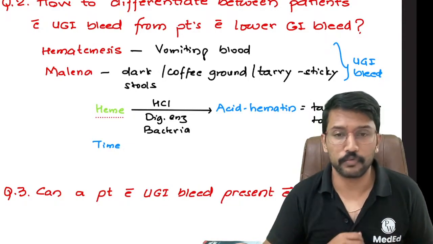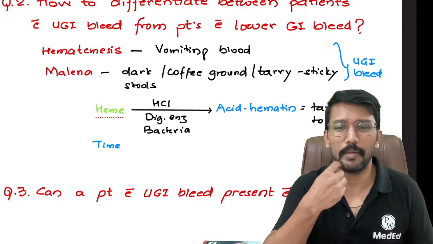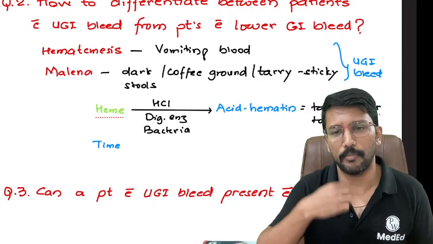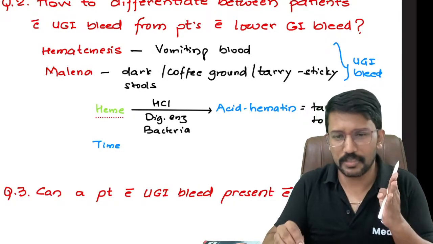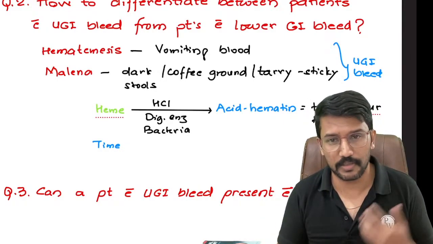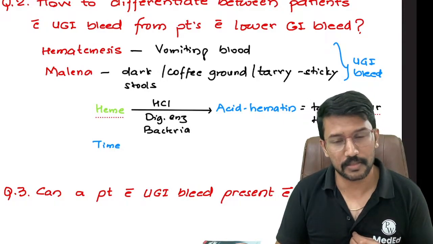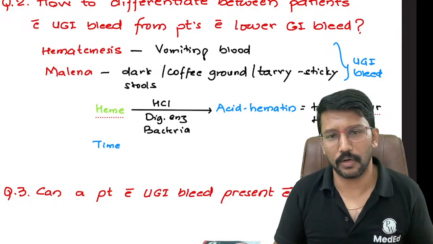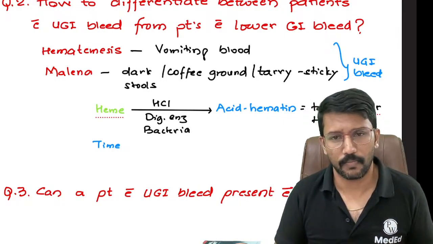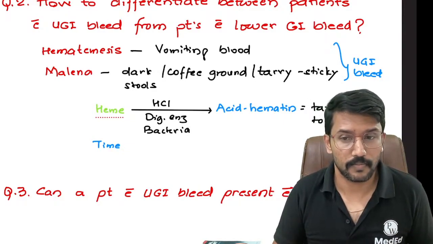It may spend 12 to 14 hours, but will I get melena now? Right? Or maybe I'm popping a pill. While popping, it just brushes the esophagus, causes a small injury and then goes. We might have experienced it multiple times, right? While taking a pill, sometimes you feel that we hurt the chest because it brushed the esophageal wall and caused a minor injury. We might have bled a little bit from there. Will I get melena now?